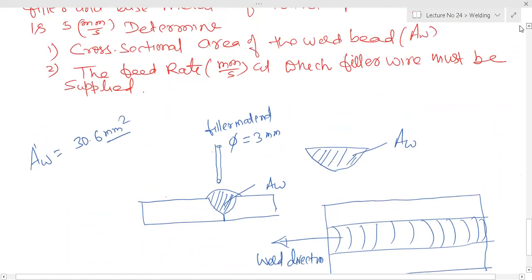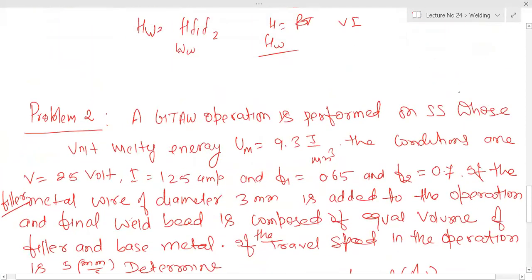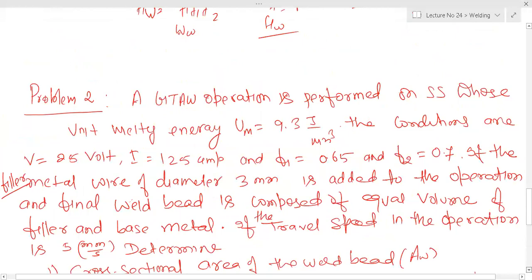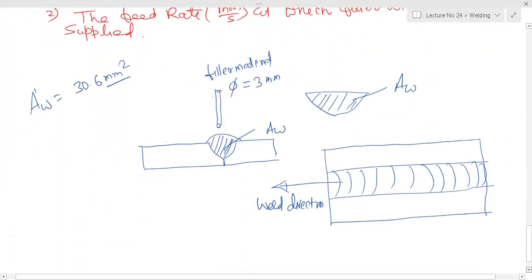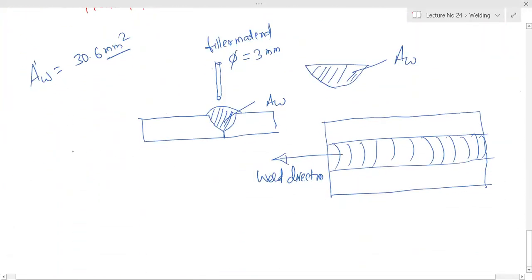So here it is very clear from the data, let me write down what we have right now. Unit melting energy is given to you, that is 9.3 joule per cubic millimeter, and voltage, that is 25 volt, very low voltage, right?